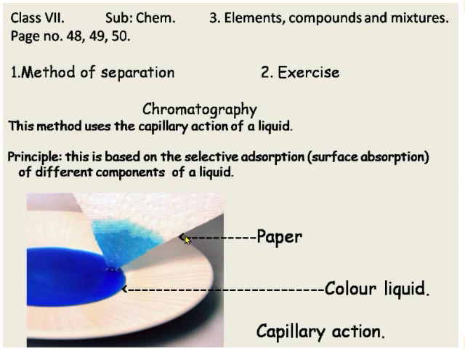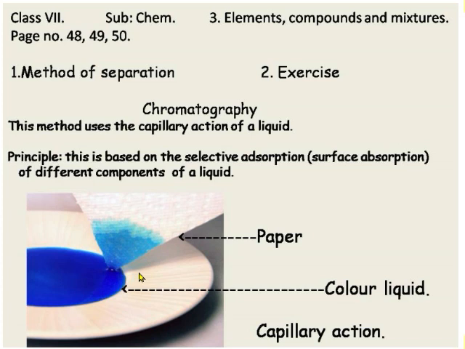As you can see, a paper here, and here it is a colored liquid kept on a plate. When a small portion of paper touches this colored liquid, this liquid spreads to the paper, to the larger area of the paper.